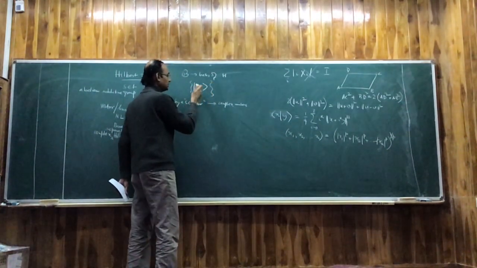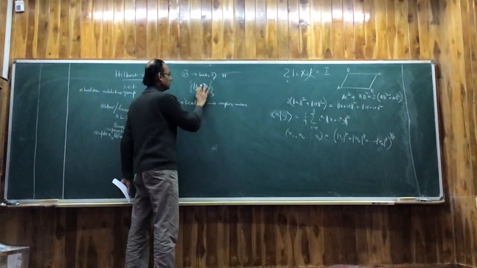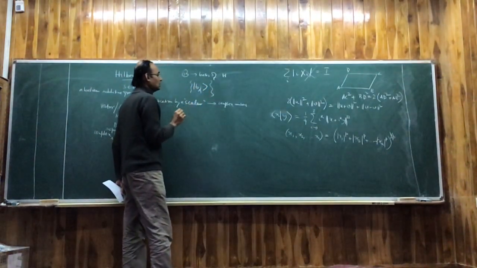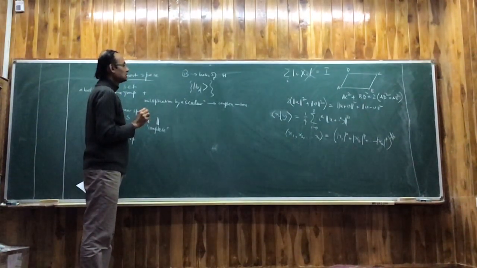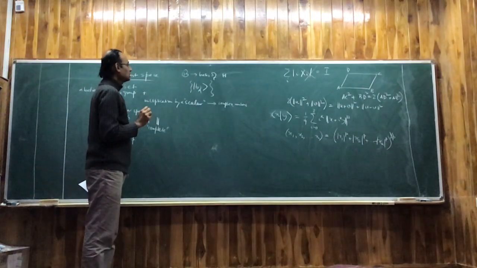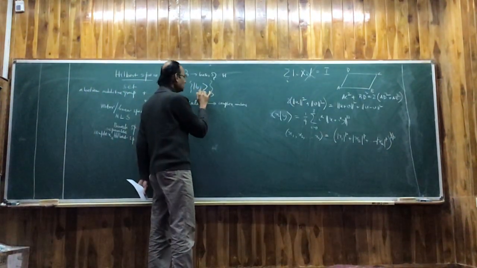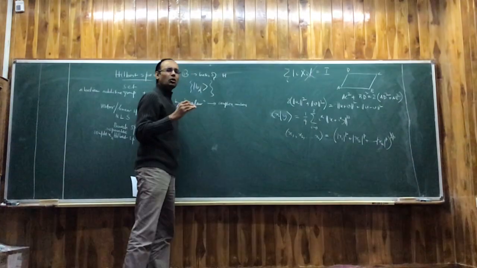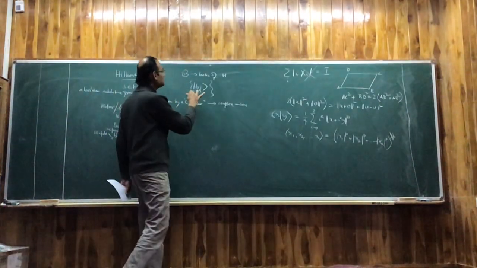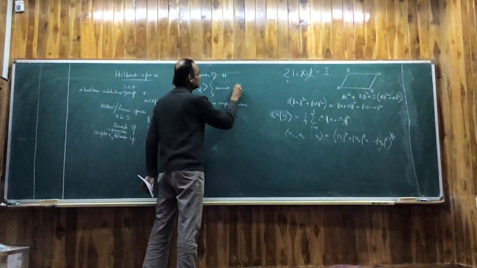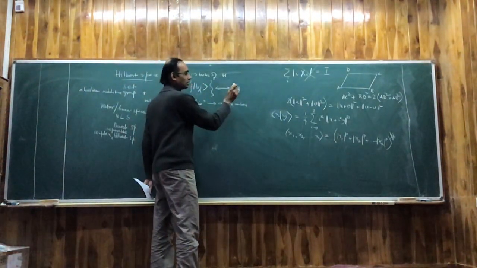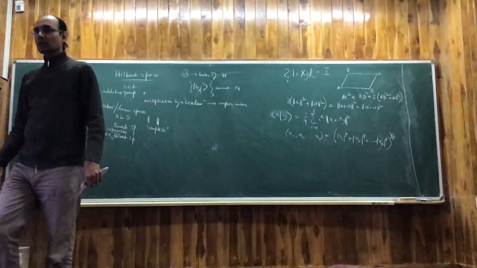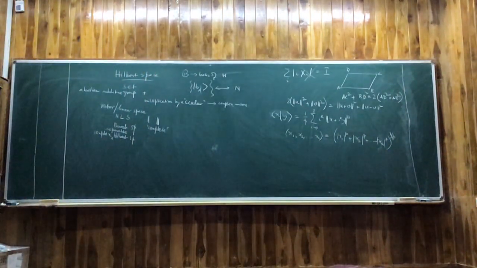This i may not be an integer; if you want, you can call it B_alpha. It's called a countable basis if there is a one-to-one onto correspondence between this set and the set of natural numbers. Then you call the basis countable. This is the definition of countability.